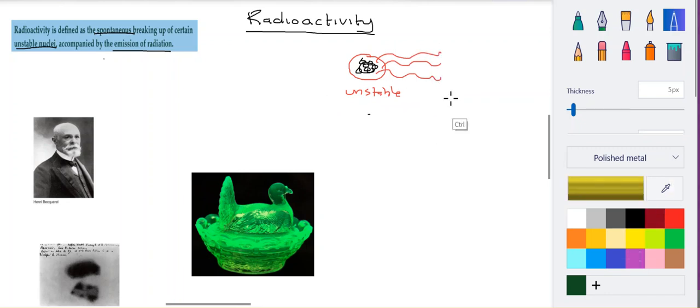So this radiation is going to be emitted, and when it's emitting this radiation, the nucleus is trying to become stable. So it's trying to stabilize and become a stable nucleus. So it's trying to achieve stability.